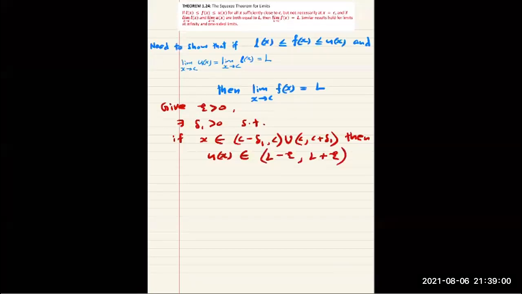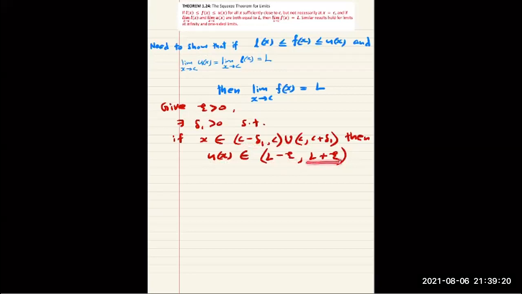Why is it true? Because this limit is equal to L. That means for this given epsilon greater than 0, there exists delta 1 such that if x is in this punctured interval, then u of x should fall within L minus epsilon and L plus epsilon.